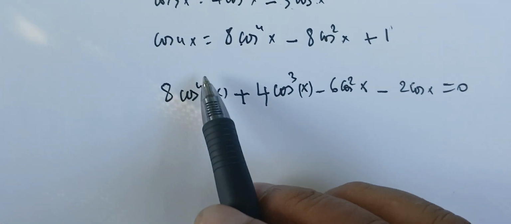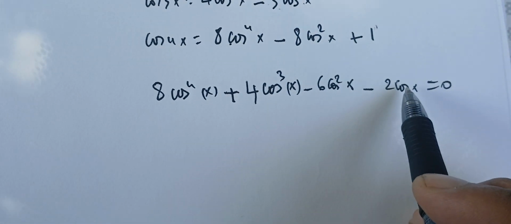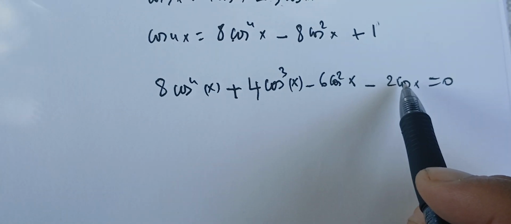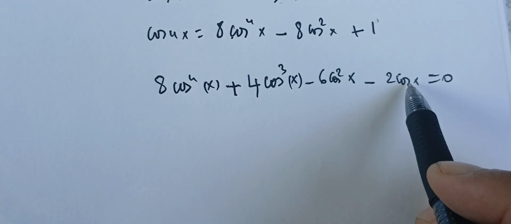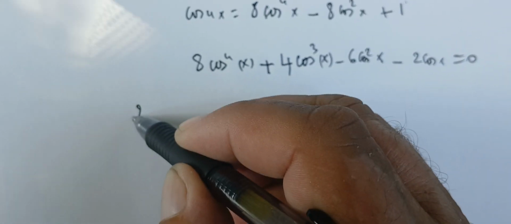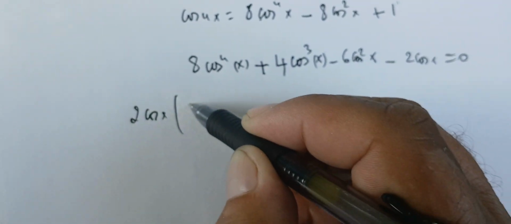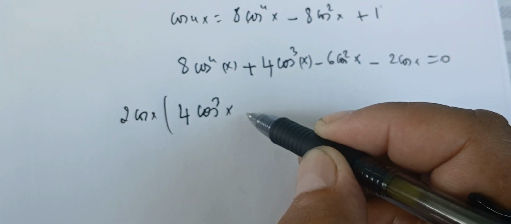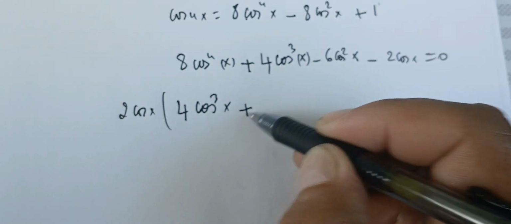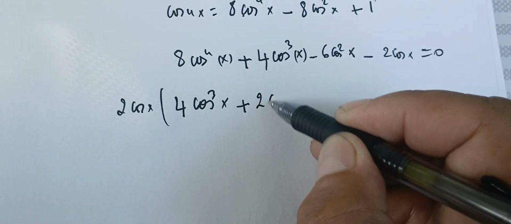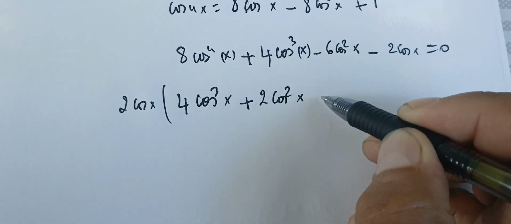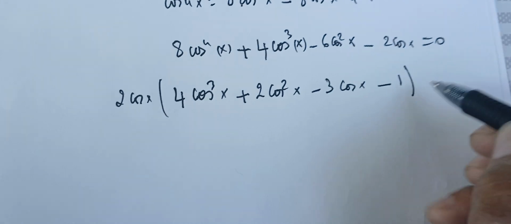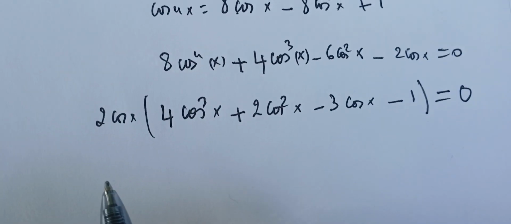So here I can factor out 2 cosine x. If I do that, I'm going to get 2 cosine x times 4 cosine cubed of x plus 2 cosine squared of x minus 3 cosine x minus 1 equals 0.